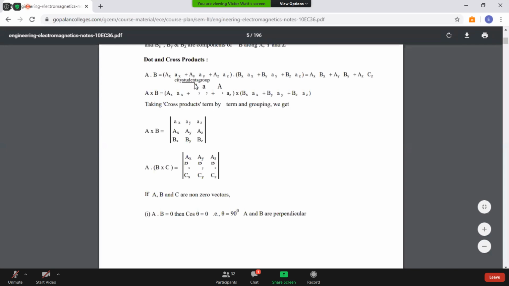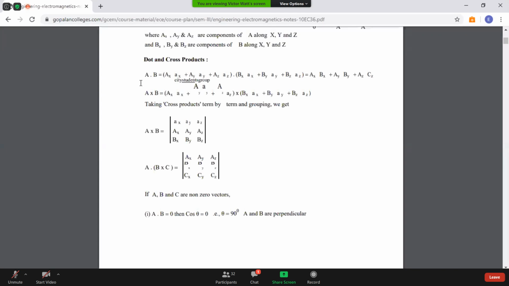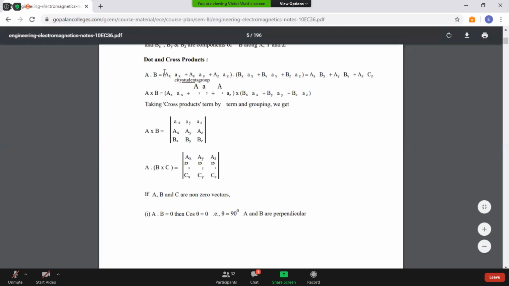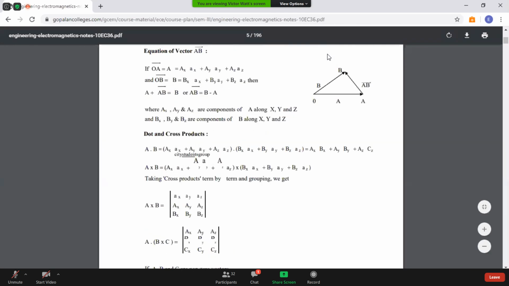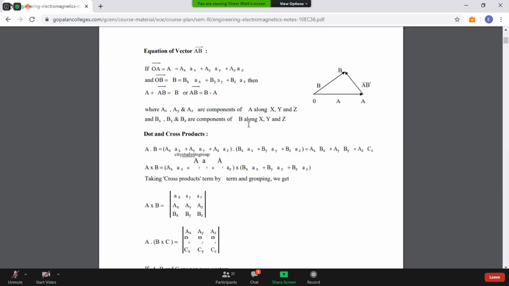Yes. Good. So we have two vectors, right? We have vector A, which is AX unit vector AX, AY unit vector AY, AZ.